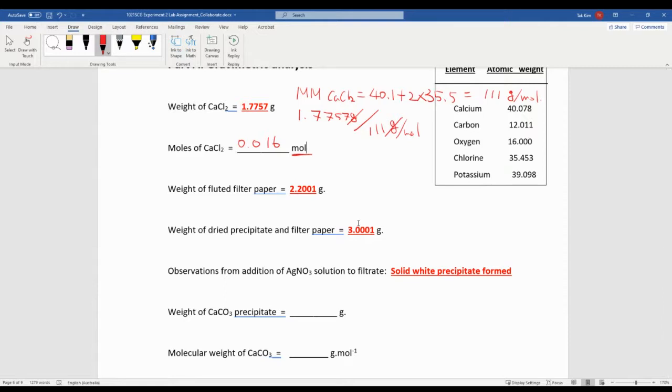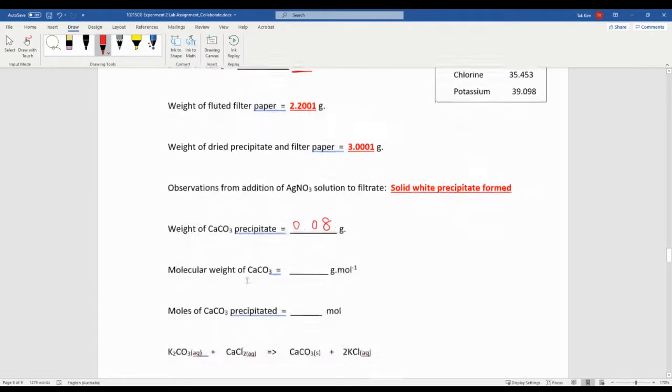So 3.11 minus 2.2001, I have 0.08 gram. So that is the mass.